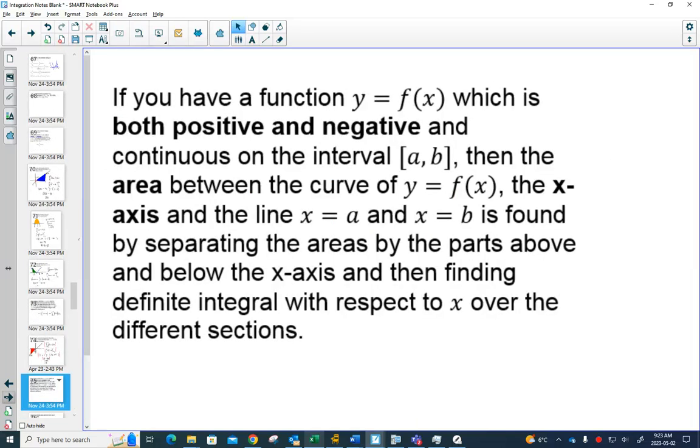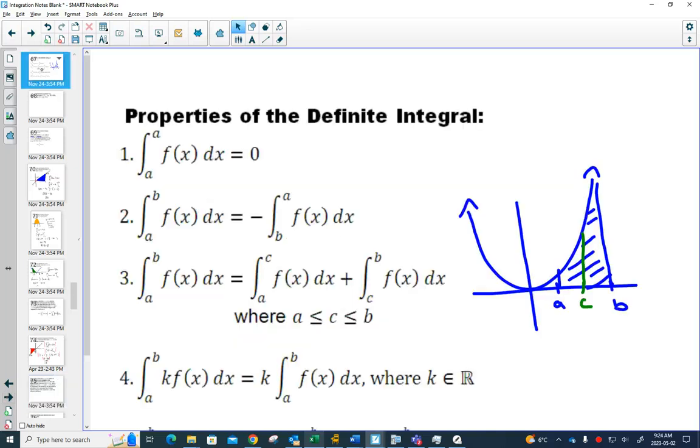And sometimes you're going to have a function where part of it is positive and part of it is negative. And then we're going to use this property that we saw the other day that said, hey, you can always break it up with a value in between.